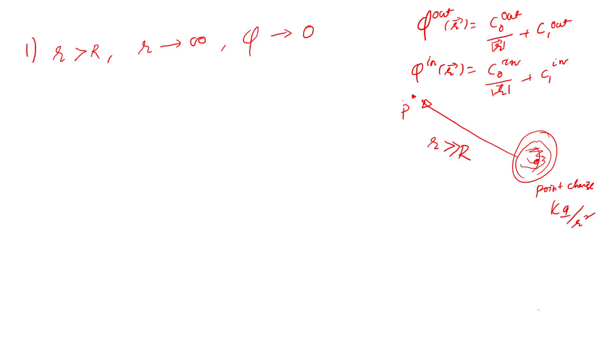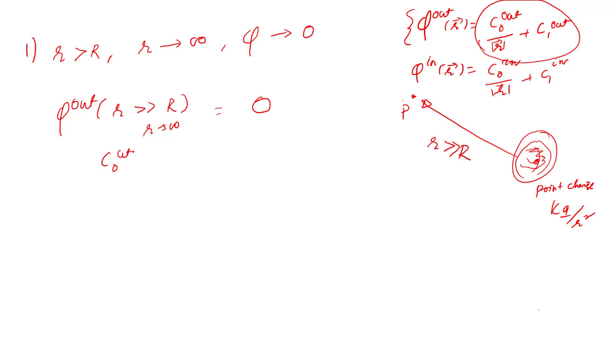So by using that, we can look at phi out. For r much, much greater than R, and r going to infinity, we basically have this going to 0. That means C0 out by something where r is going to infinity, plus C1 out, is equal to 0.